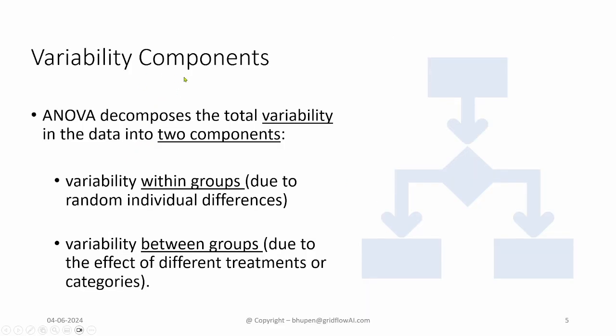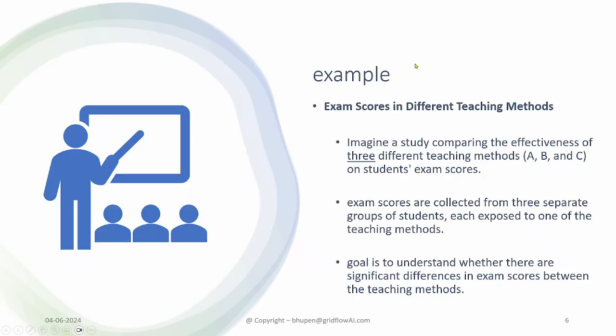Variability is the basis on which ANOVA functions. So let's understand what variability is and how it is measured. The idea of variance that we studied in basic statistics is also used here. Variability is measured in two ways: one is within the group itself, for each of the groups, and also variability across the groups.